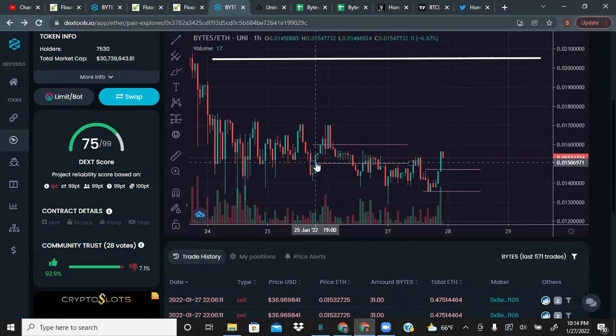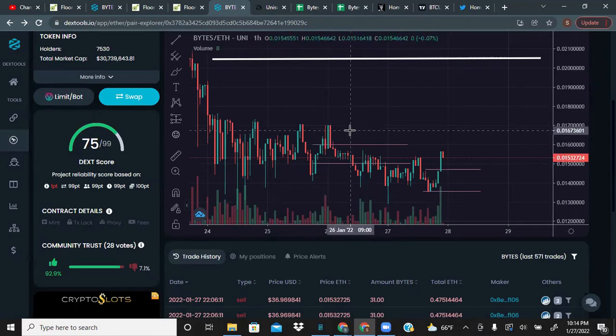The first thing you need to understand about impermanent loss is that it only happens when the price moves higher. You can't have impermanent loss unless the price moves higher. The second thing you need to know is that there are two different types of impermanent loss. There's the minimum impermanent loss, which happens within the range here, and then there's the outer impermanent loss, which happens outside of the range.